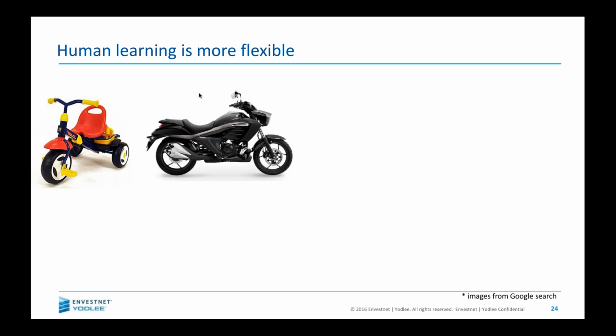Maybe at some point you get a bike ride, and then suddenly nobody has to tell you that this is the same thing as what you were riding when you were a kid. Your brain has learned that initially when k was 1 number of clusters, now I have k equal to 2, and these two are 2 different clusters of the same family, which is vehicles.